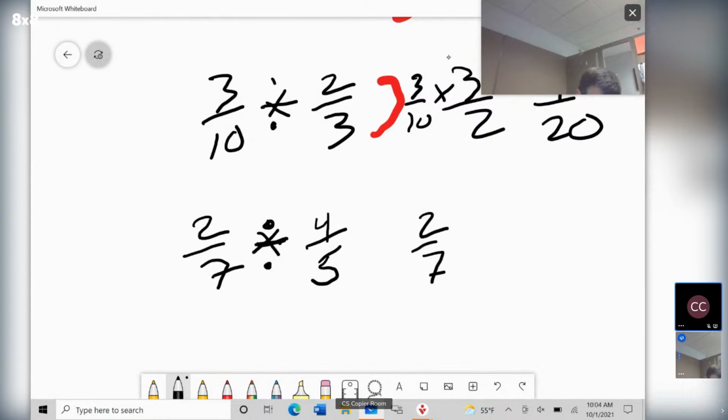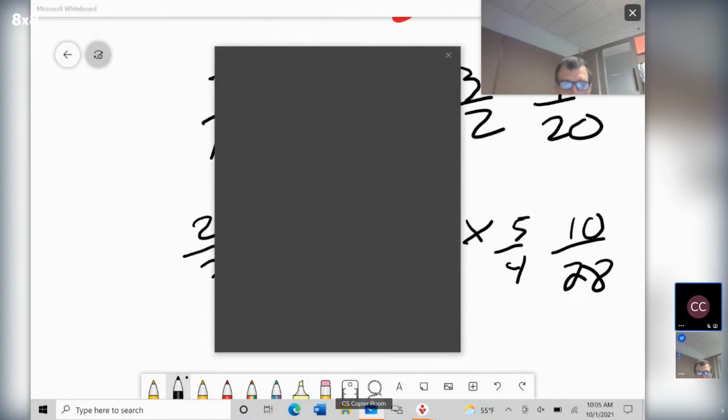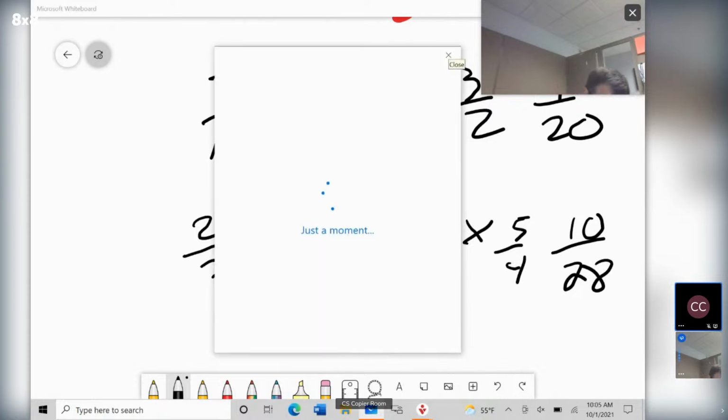I'm going to change the division to multiplication. And I'm going to flip this one. So now it's going to be 5/4. And then you get 10/28.